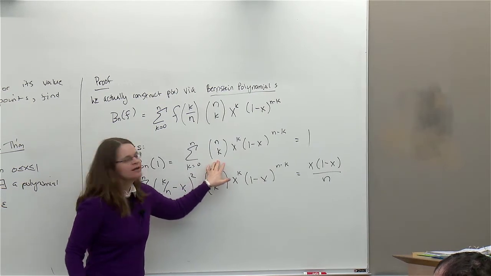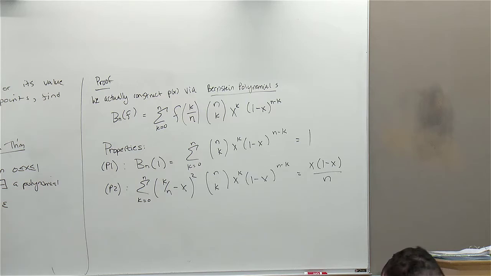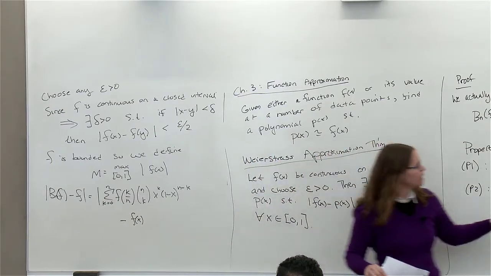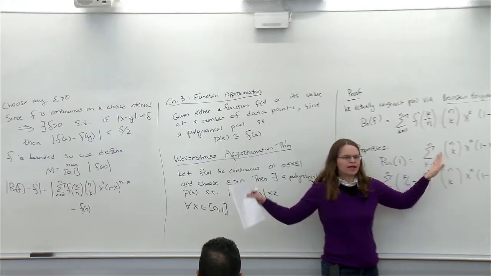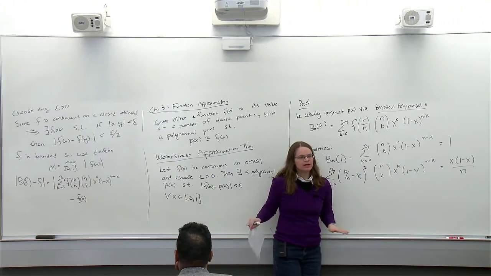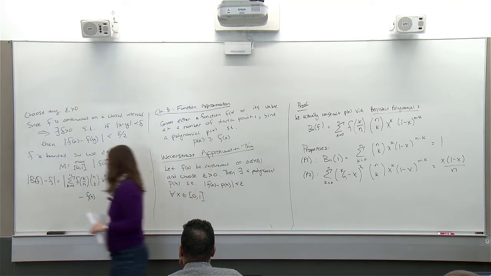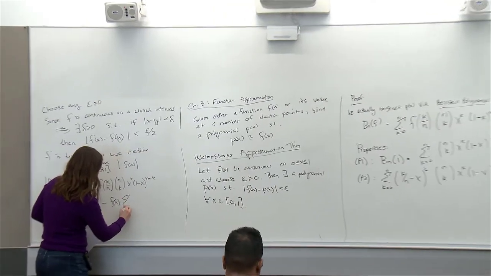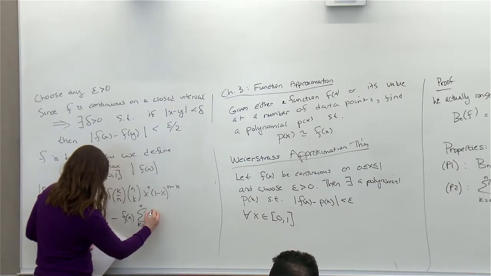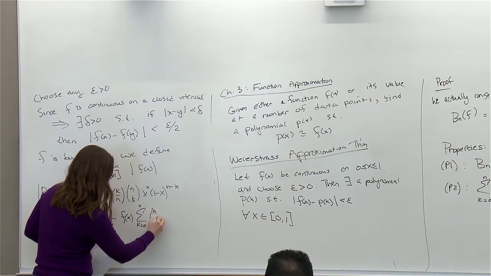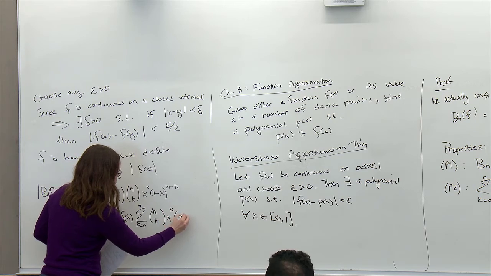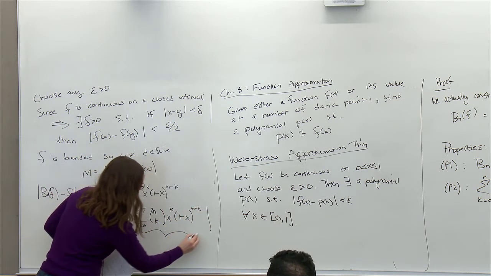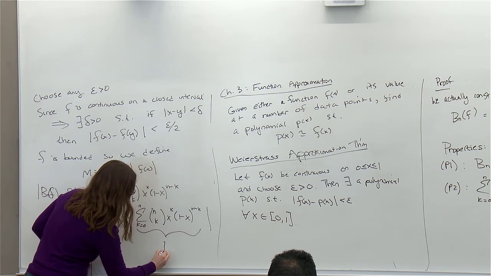But it's a way that has a lot in common with this guy here. If I write 1 this way, all of a sudden I have terms that I can try to combine under one sum, and that's a good thing. So I'm going to multiply this by 1, written in a really funny way. I'm just going to remind you here that this is equal to 1.